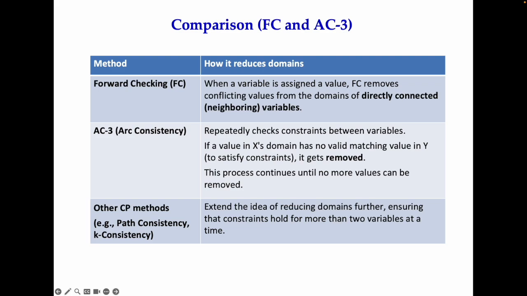Now, can you tell me when you would want to use, for example, arc consistency compared to forward checking? Let's say if you have a small domain, okay, if the size of your domain is small, which one would you choose?